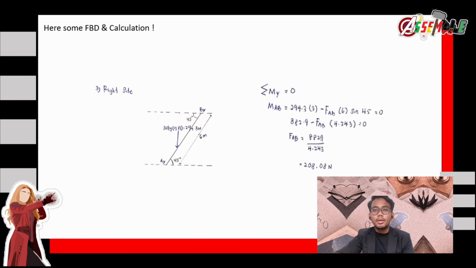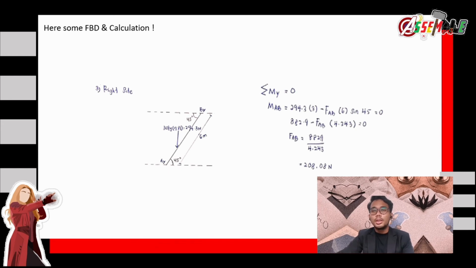They take the full length, which is 6, and then the angle, so we took sin 45 degree, then equal to 0. After that we solve, we get 882.9 minus FAB, force FB, multiplied with 4.243, then equal to 0.